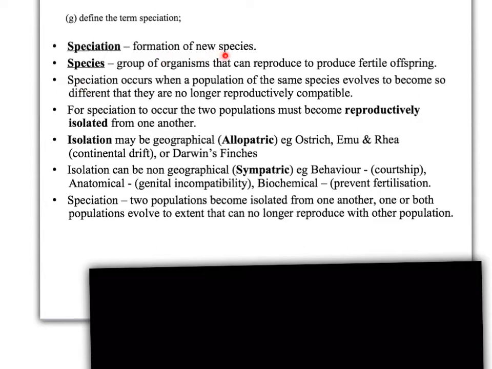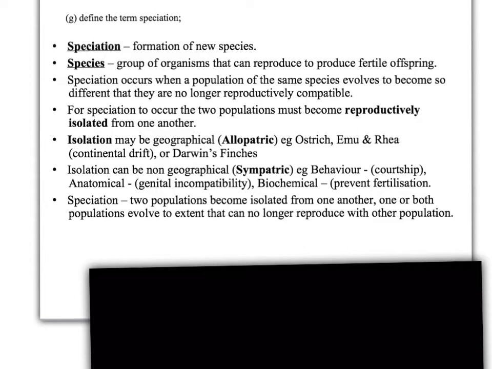Speciation, which is the formation of new species, occurs when a population of the same species evolves to become so different that they're no longer reproductively compatible. You can't reproduce with each other. And the key thing that needs to happen with this is that groups within a particular species need to become reproductively isolated from one another, so that they can't reproduce with each other.